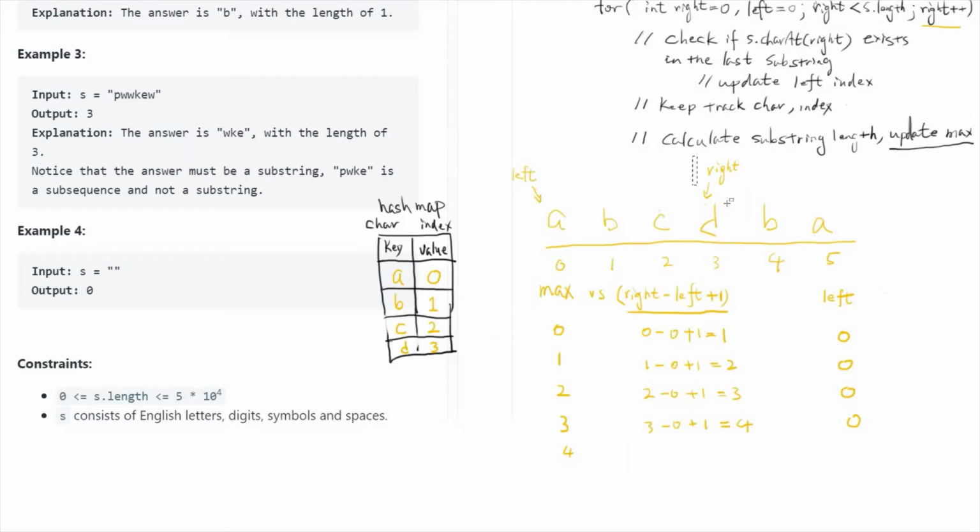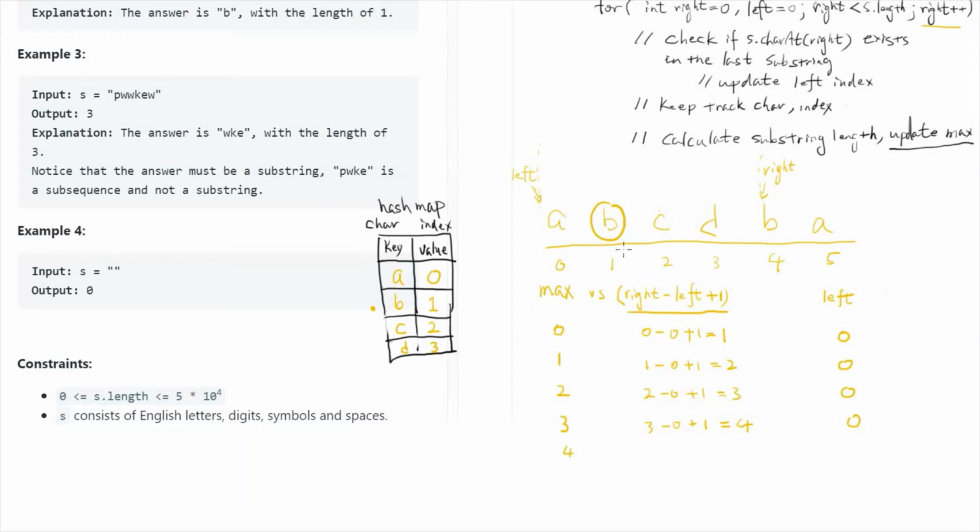Then we move the right index to the next character, B. We check the Hashmap table. We find B at position 1. So we need to check if B is within the boundary defined by the left index and the right index.